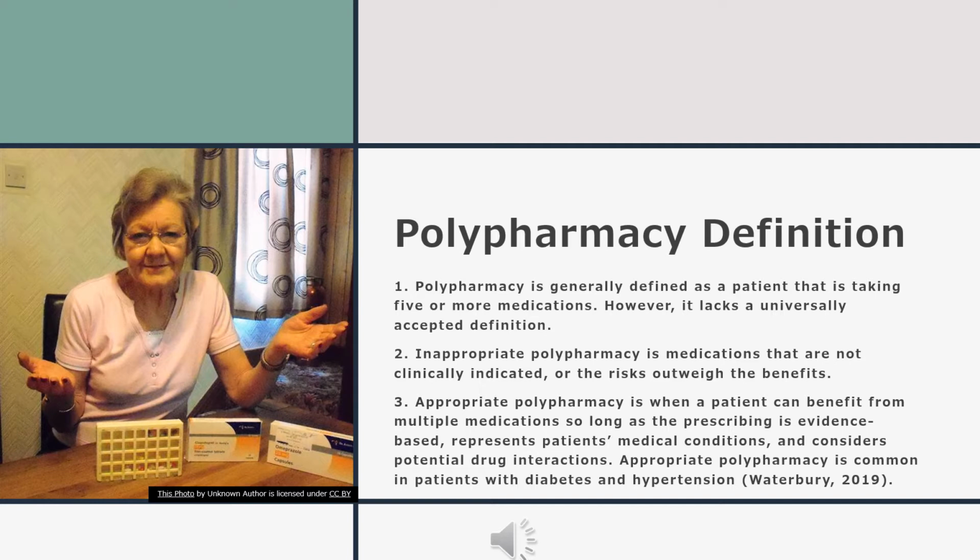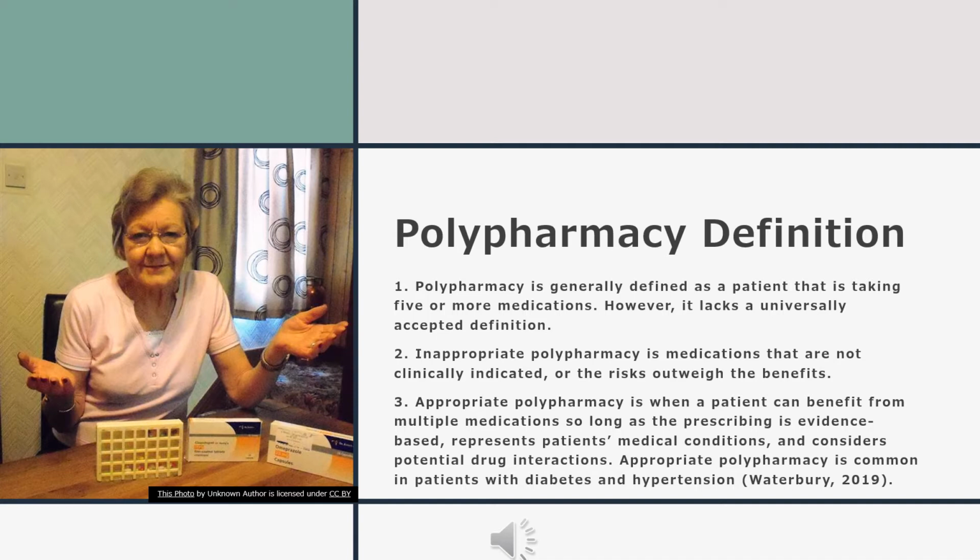So we are going to talk about the different types of polypharmacy. We've already covered what polypharmacy is, but there are 2 types of polypharmacy. The inappropriate polypharmacy is when patients are taking medicines that are not appropriate for them. They may not be clinically indicated, or the risks outweigh the benefits.